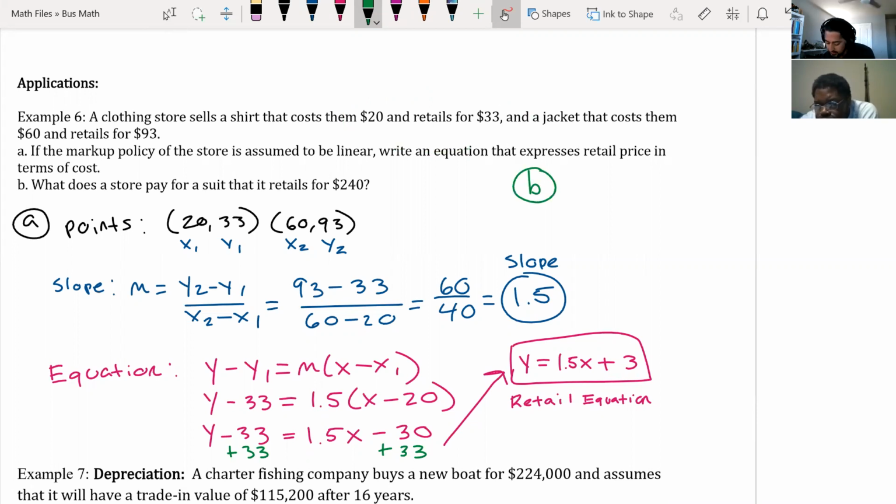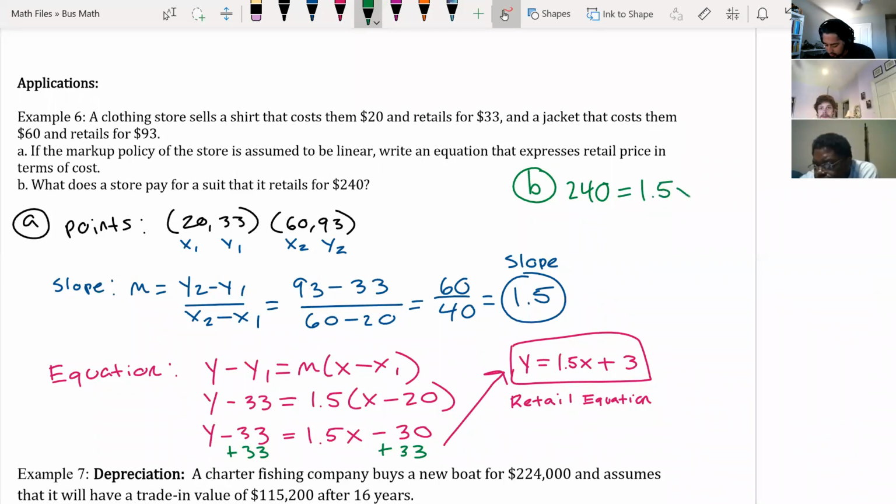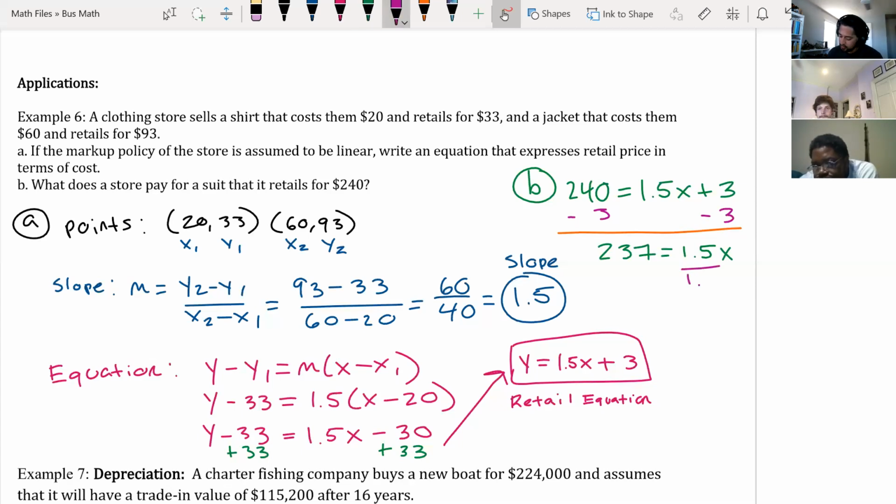So I guess B, I can do somewhere over here. For B, we're going to take 240 and set it equal to the equation 1.5x plus 3. And now all we have to do is solve for x. So move that 3 over, move that 3 over. We get 237 equal to 1.5x. Divide by 1.5, divide by 1.5.